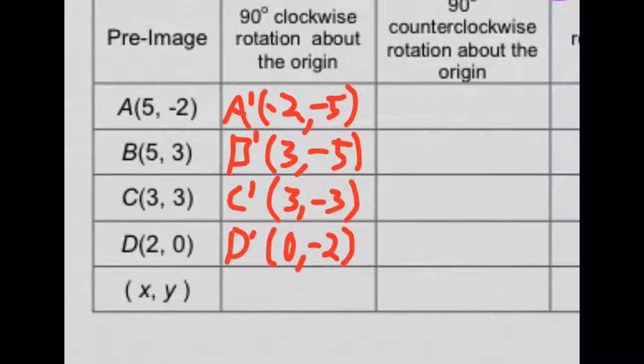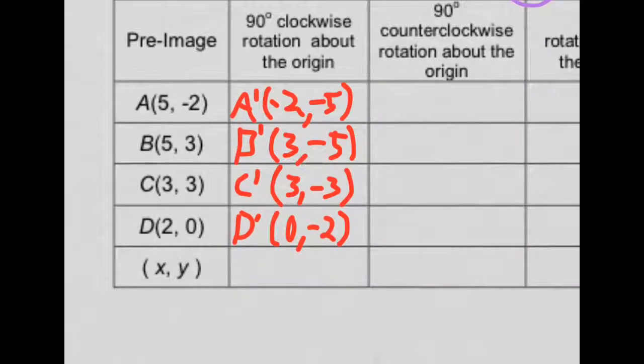So if you have x, y, then your y is going to be moved to the x spot, and your x is going to be moved to the y spot, but we're going to say negative x because that sign changes.